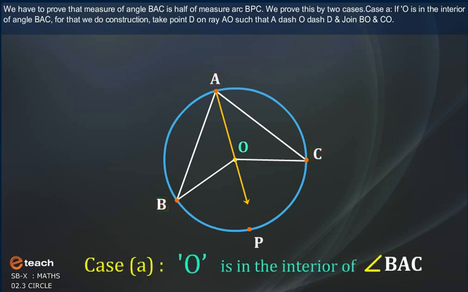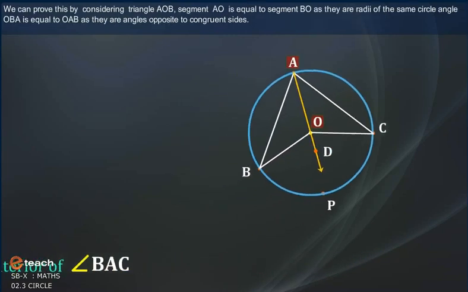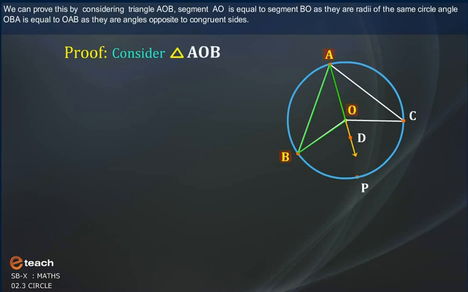Case A. If O is in the interior of angle BAC, for that we do construction. Take point D on ray AO such that A-O-D and join BO and CO. We can prove this by considering triangle AOB. Segment AO is equal to segment BO as they are radii of the same circle.